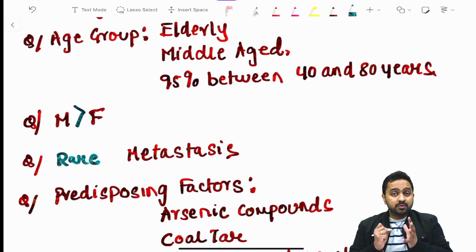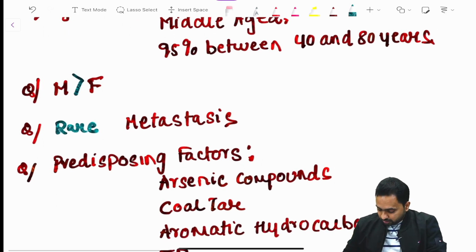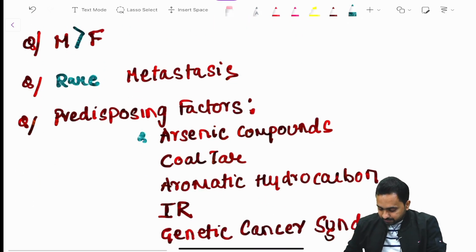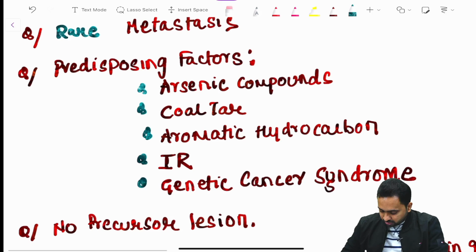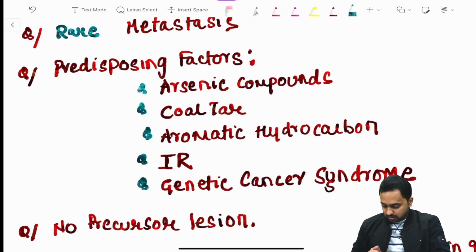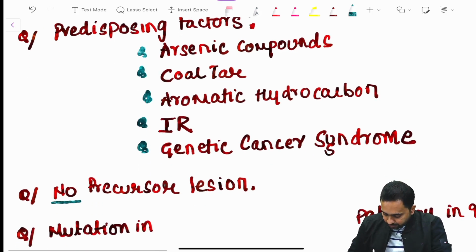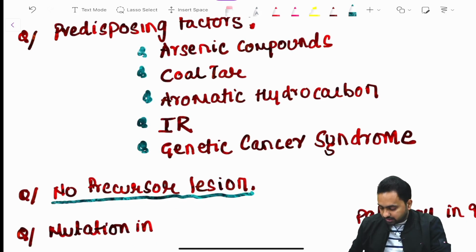The various predisposing factors for your basal cell carcinoma include your arsenic compounds, coal tar, aromatic hydrocarbons, ionizing radiation, and your genetic cancer syndromes. There are no precursor lesions involved in basal cell carcinoma.